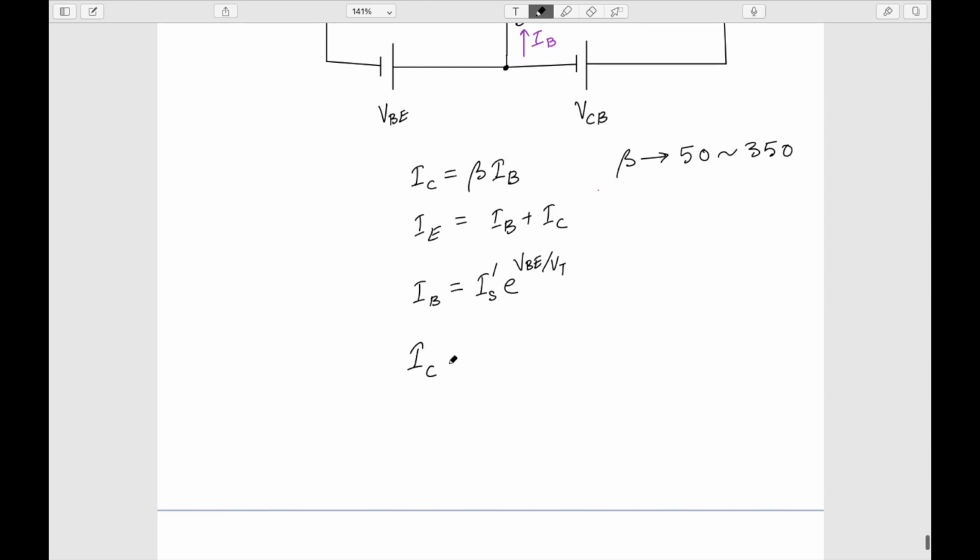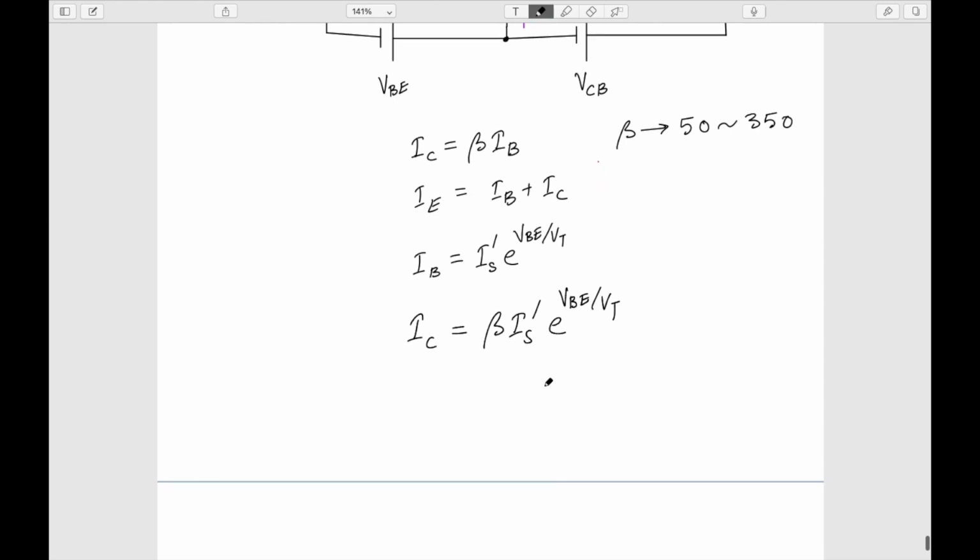So my IC will be equal to beta times IS dash e power VBE by VT, and this whole thing we can write as IS e power VBE by VT.